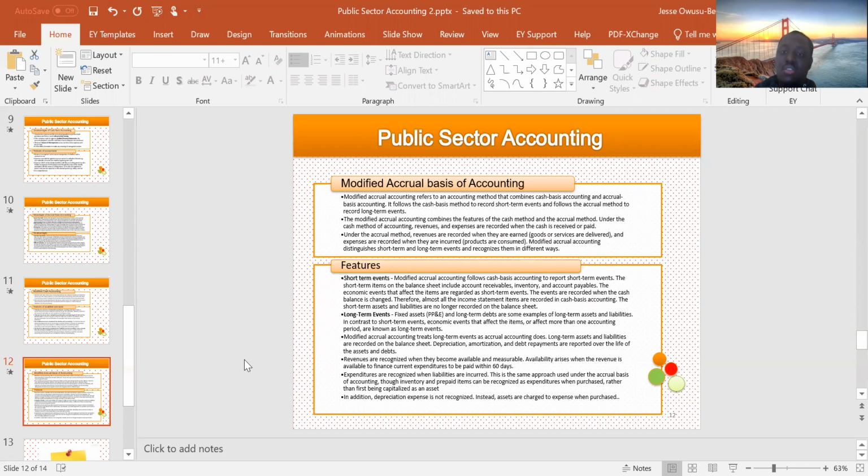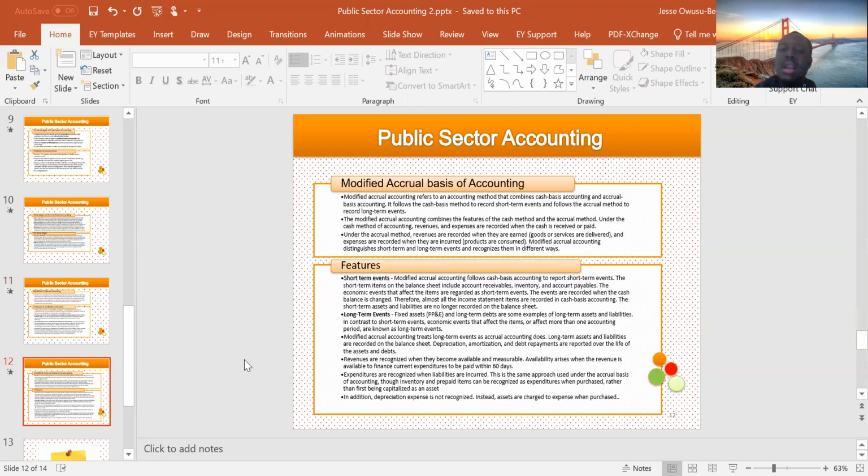Under the modified accrual accounting method, it distinguishes between short-term and long-term events and recognizes them in different ways. Very, very key. Very, very important. So how does it do that? So let's look at short-term events.